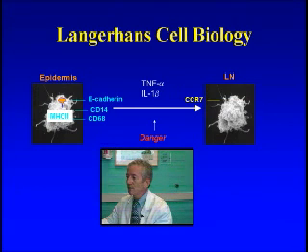And when it gets to the lymph node, it has a different surface characteristic on it called CCR7. It had CCR6 when it was back here in the skin.